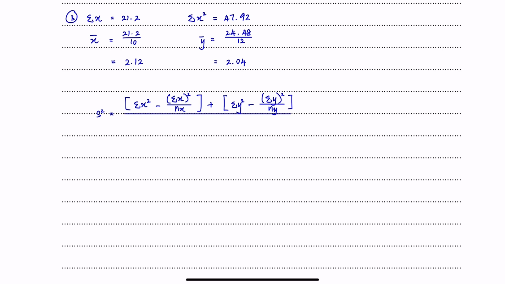So this whole thing would be divided by the number of samples for x plus the number of samples of y minus 2.